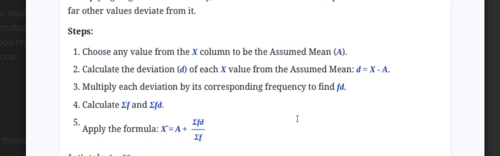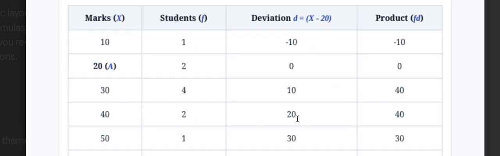Now, the second step: calculate the deviations from the assumed mean, meaning find the difference. In the example we have here, suppose we have assumed 20. From 10 minus 20, the result will come as minus 10.